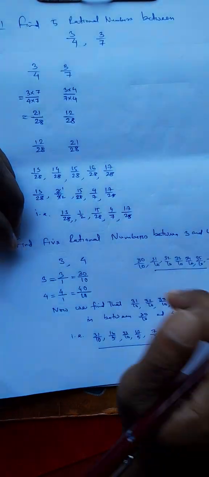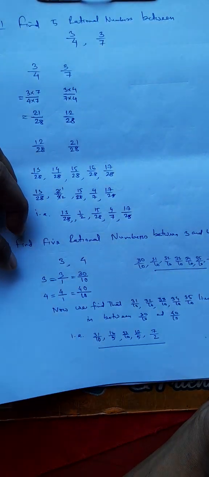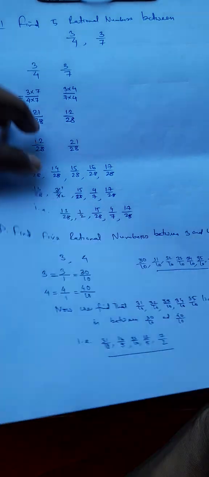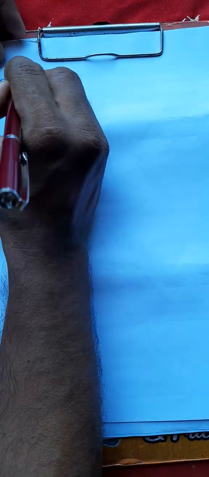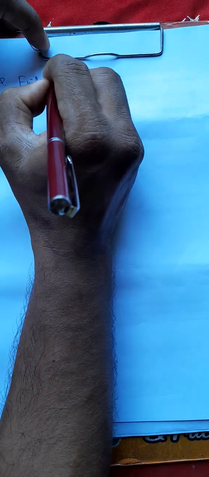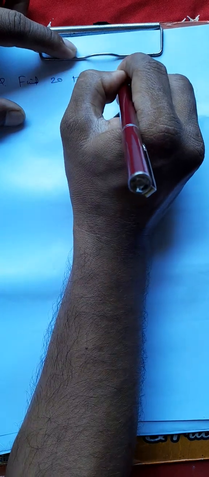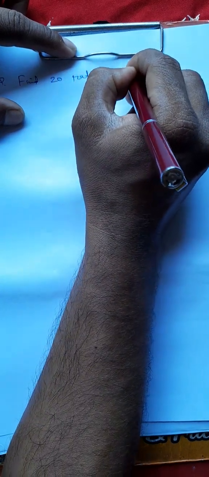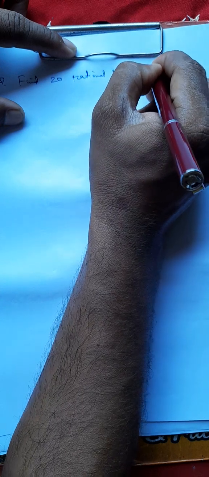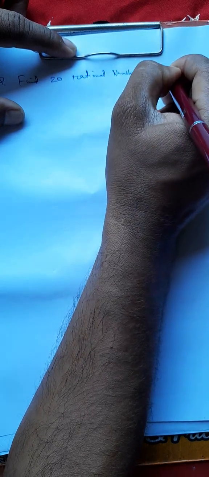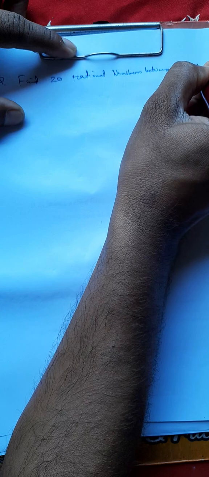So say for example, instead of 5 numbers, you are asked to find more than 5 numbers. Say for example, find 20 rational numbers between 3 and 4.